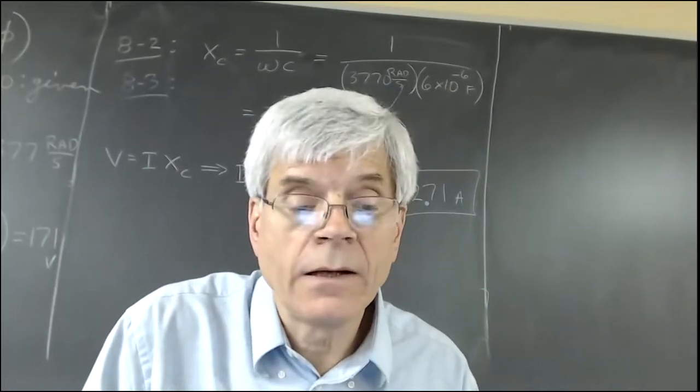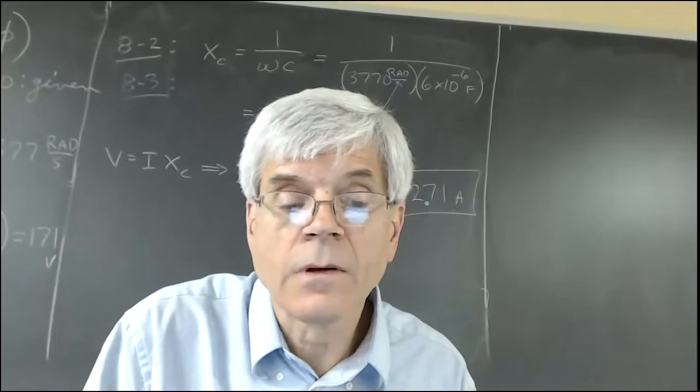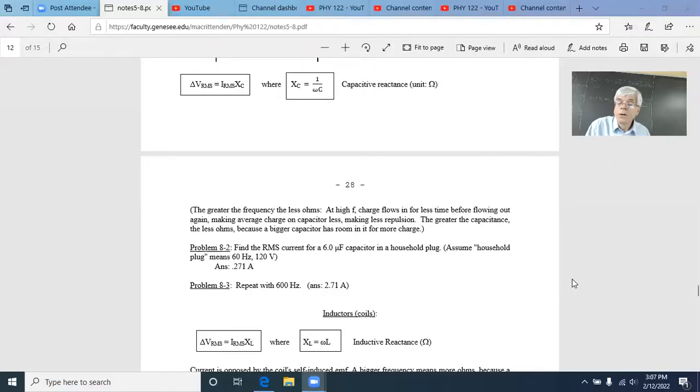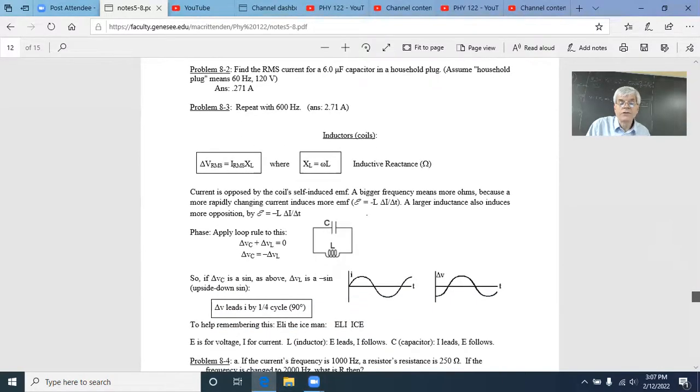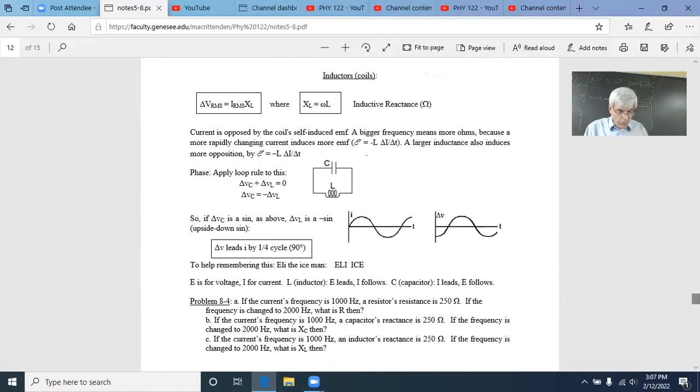Meanwhile, back in the handout, what about an inductor? An inductor, again, is a coil, which is inducing a voltage in itself. So that's where the reactance comes from in the case of an inductor. Again, from the beginning of the story, resistors oppose the flow of current by the surrounding material getting in the way of the current trying to move through it.